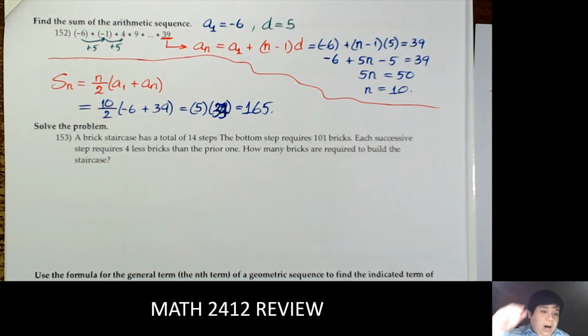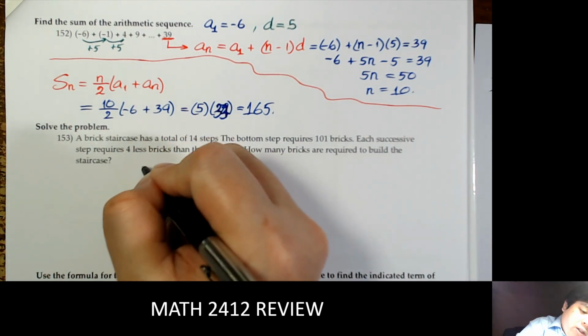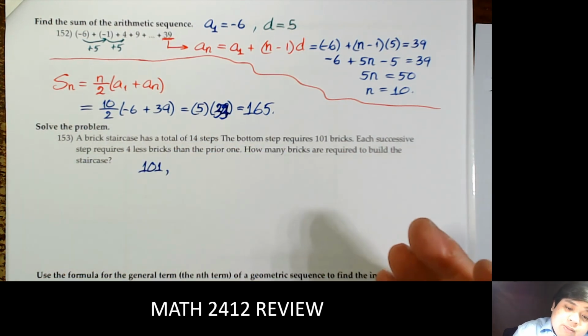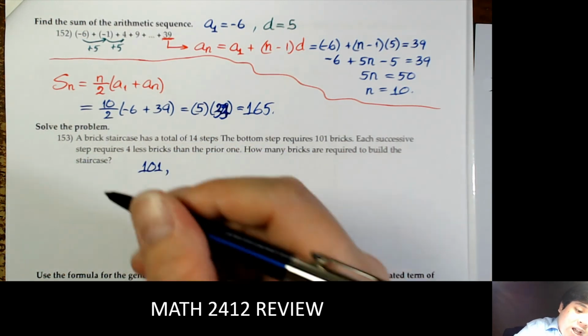Right, next, this is the sum of arithmetic sequence. So a brick staircase, total 14 steps. The bottom one has 101, and each one above is 4 less than it. So we start with 101, and then the next one is 4 less than it.